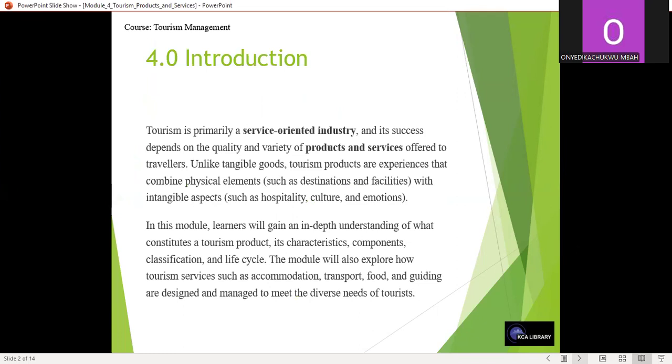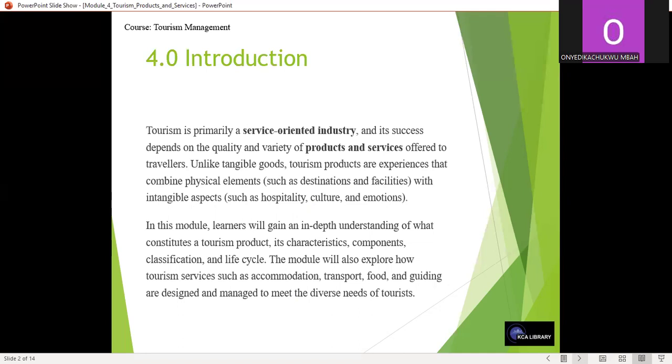Now, tourism is primarily a service-oriented industry, and its success depends on the quality and variety of products and services offered to travelers. In this module, learners will gain an in-depth understanding of what constitutes a tourism product, its characteristics, components, classification, and life cycle.